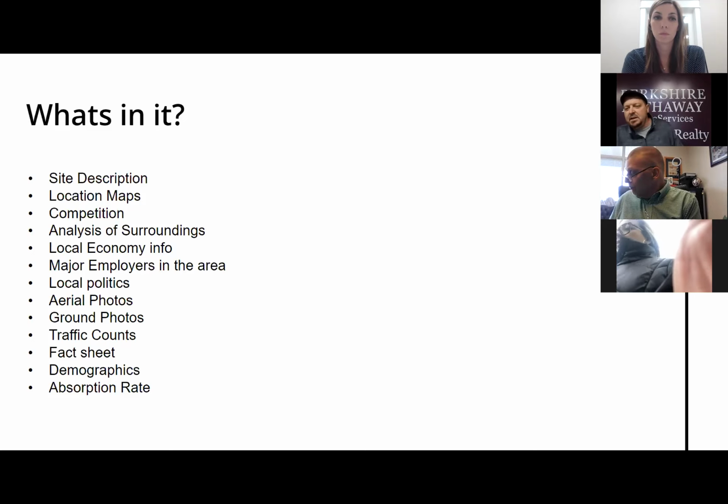Local politics, as you can imagine, all politics are local. So you would want to know if your local county is opposed to development or not, if they are going to fight new developers to get new roads or traffic lights, or maybe they just oppose the development process altogether.